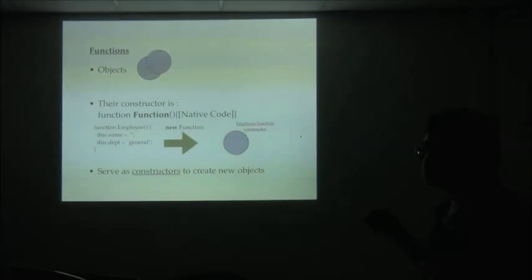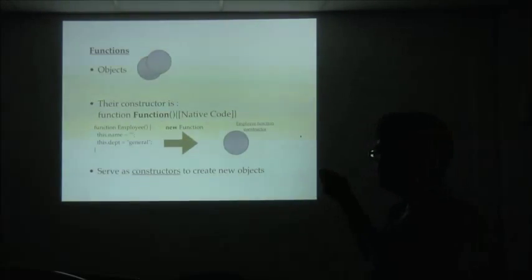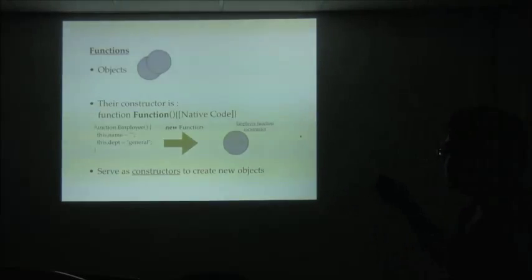So that constructor is a native constructor you find in the language, and the name of that constructor is Function itself, with a capital F. So here's a small example where, if I write out code like that, what JavaScript would do is invoke new Function like so, and it would create an object, and that object would be a constructor.